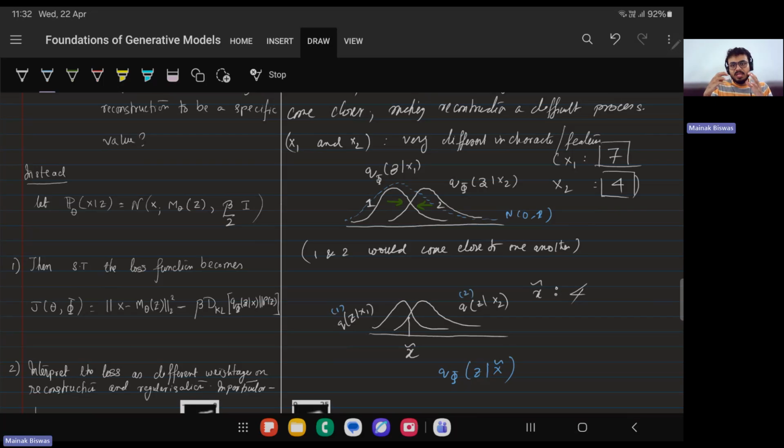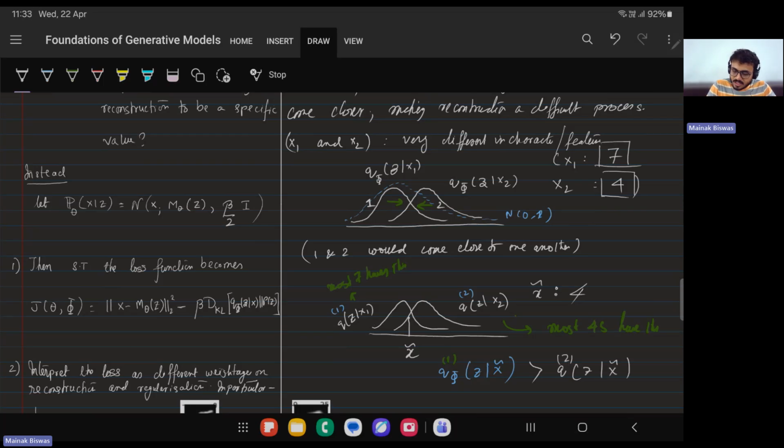So most 7s have this distribution and most 4s have this distribution. So you can see that the q phi of z given x tilde under the first distribution is clearly greater than under the second distribution.